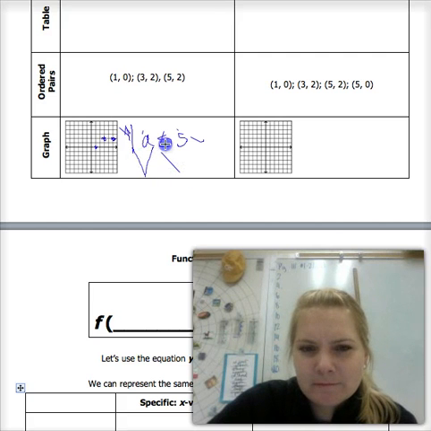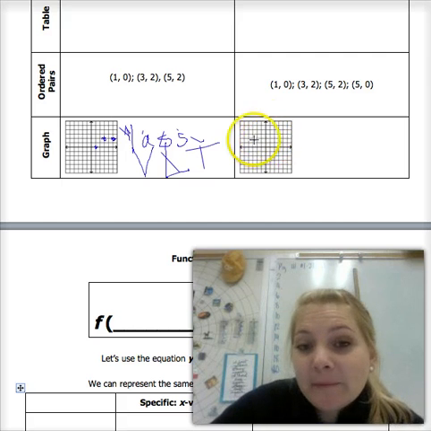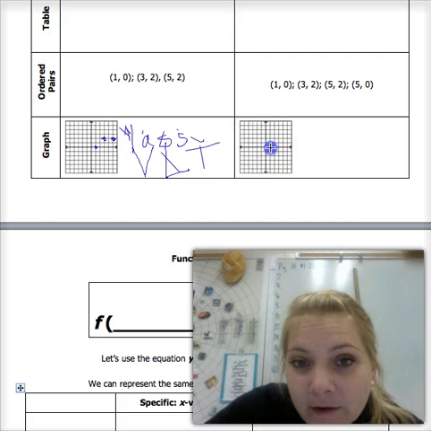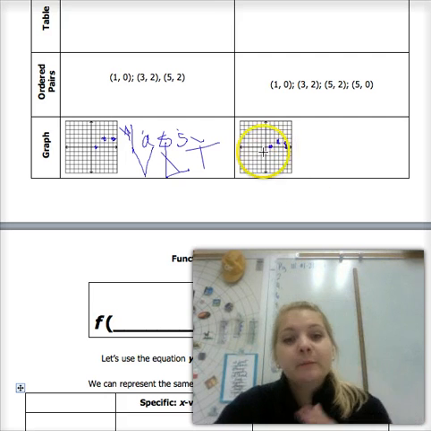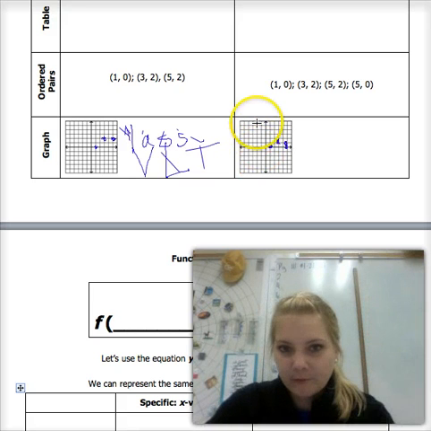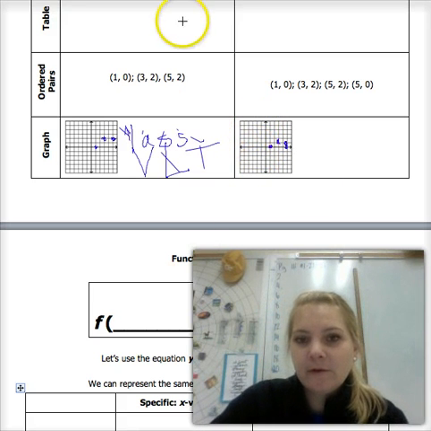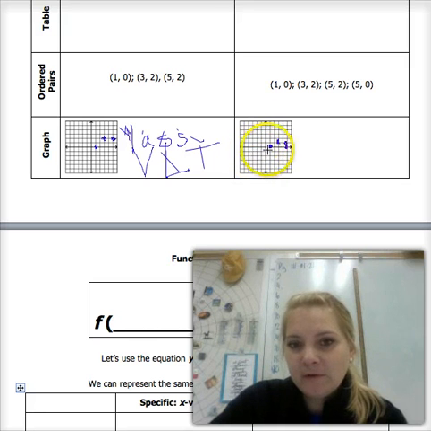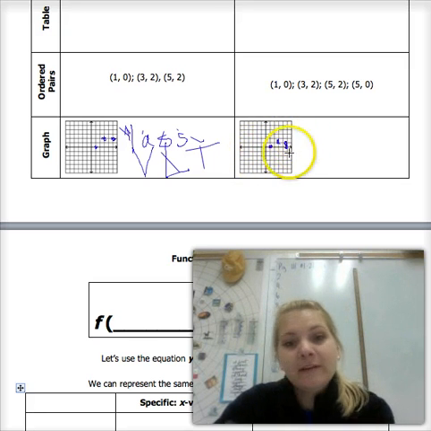the vertical line test. So if we graph the other one, we do have 1, 0, 3, 2, 5, 2, and 5, 0. This would fail the vertical line test because if we think of a vertical line and move it to the right, it's going to hit 2 points at one time.